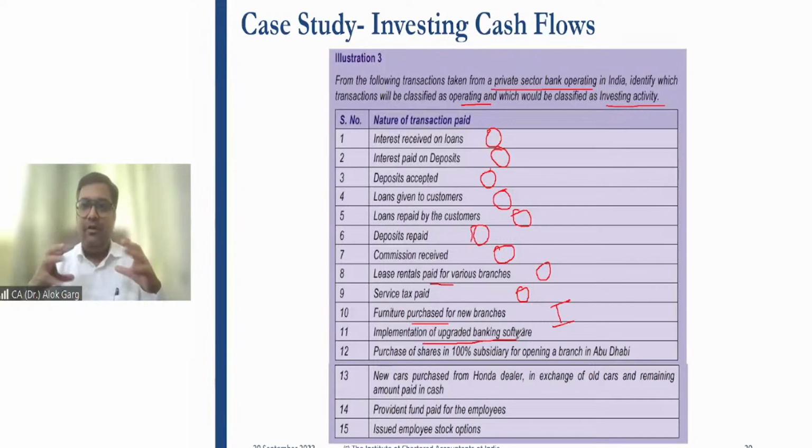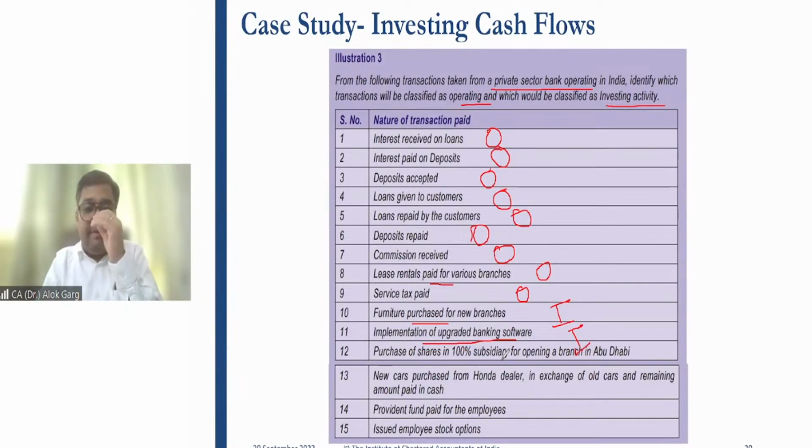If you have implemented your intangible asset and you have paid money, right? For example, if it is not clear in the question whether the money outflow or inflow is there or not, you can give your assumption. It is only written implementation of upgraded banking software, it is not written whether the company has paid. So assuming the company has paid, it would be investing activity.